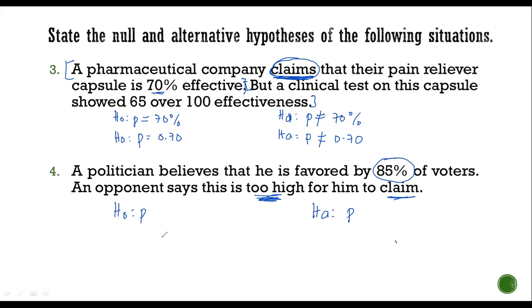Gagamitin ko na yung percentage ha. Sa ating null hypothesis, it is 85%. Dito sa p, it's too high. Masyadong mataas yan. Kung masyadong mataas yan, anong gagawin natin? Babaan natin. Di ba? Sa comprehension natin, masyadong mataas yung goal mo, like 90 yung average mo, masyado yung mataas. Anong gagawin mo? Bababaan mo normally, 'di ba? So this would be less than 85%.